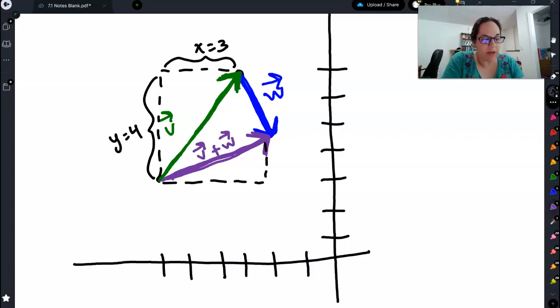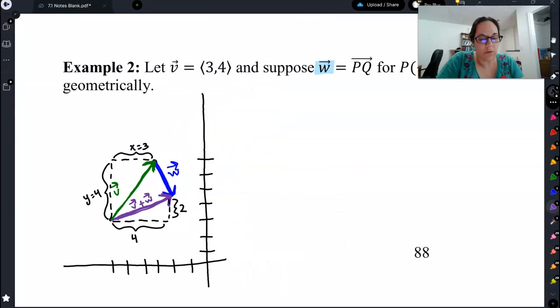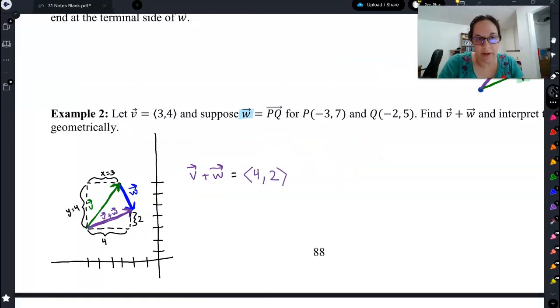So it looks like V plus W goes 1, 2, 3, 4 in the X direction, and it looks like it goes 1, 2 in the Y direction. So vector V plus W, written in component form, was 4, 2.